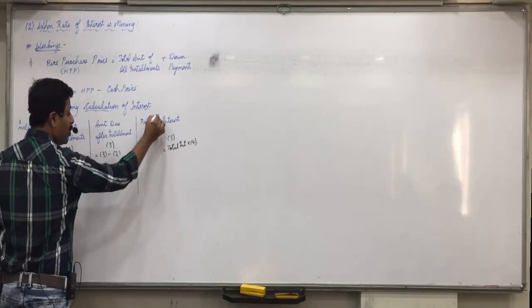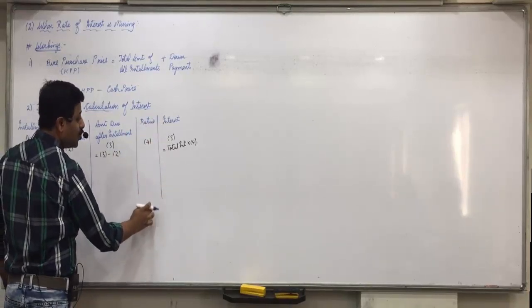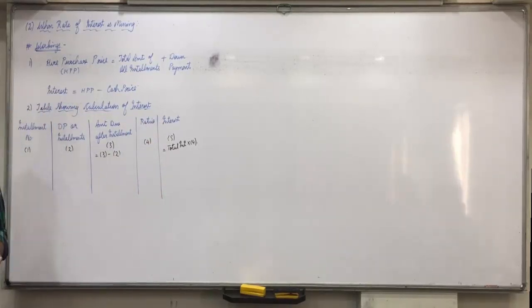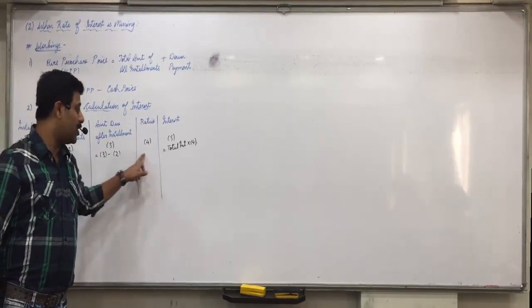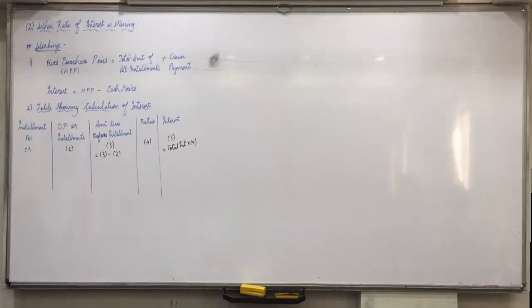Suppose we get the ratio of 5, 4, 3, 2, 1. Then 5, 4, 3, 2, 1 means 5 by 15, 4 by 15, 3 by 15, 2 by 15, 1 by 15. So in the first installment, the interest amount will be total interest into 5 by 15. So total interest into the ratio you obtain in column 4. Question number 3 we will take up so you understand exactly what is to be done here.